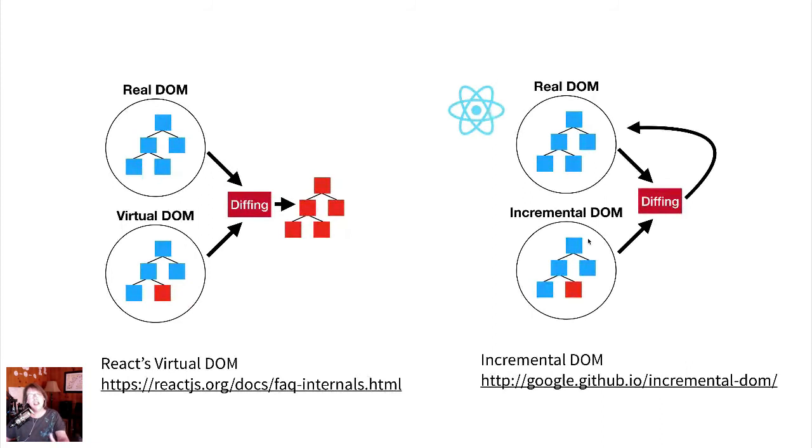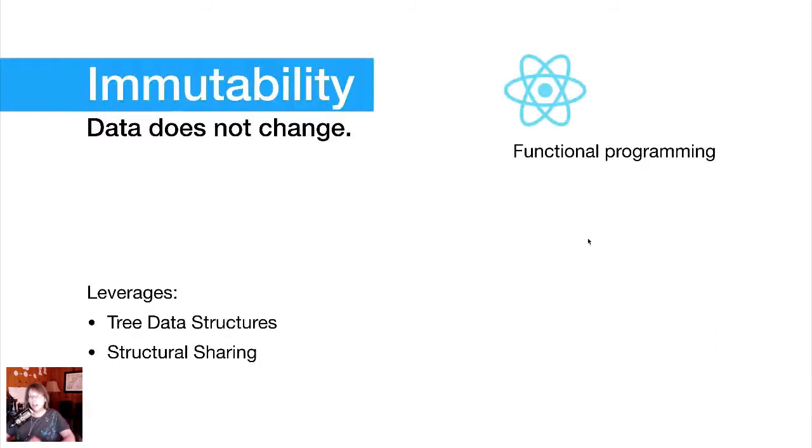All right. The idea of data does not change. Woo! Yeah, functional programming. This has been big in that. React, we have this with immutable data, right? It's not going to change. Now, this tends to blow people's mind about, wait, how can data not change? Of course, things are going to change. So we're going to talk about that. I'm going to get a little bit geeky with you.